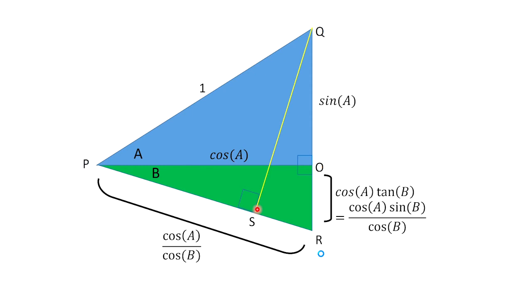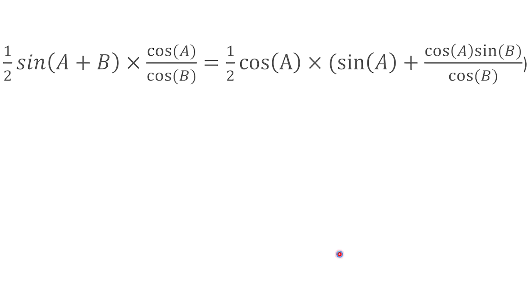The other way to compute it is using QR as a base, and then the height will be PO, and PO is cosine A, and QR is sine A plus cosine A sine B divided by cosine B. So I put the area computation one way to the left, the other way to the right.